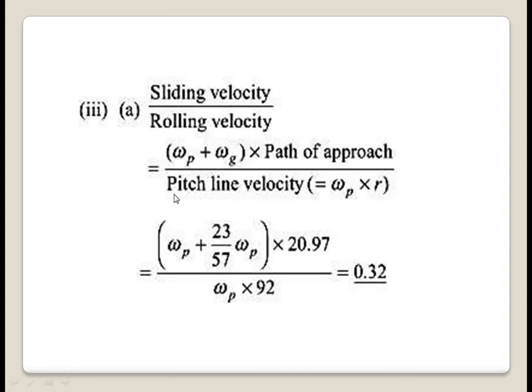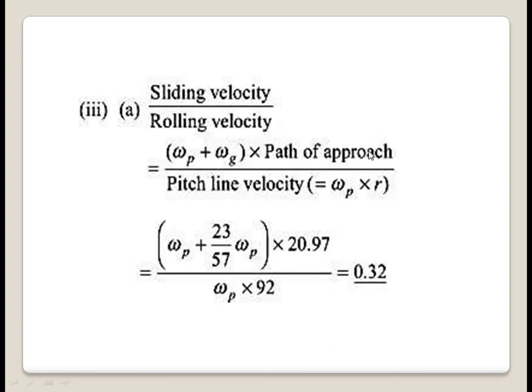So put the values. We know omega p, put as it is. Omega g is 23 divided by 57 into omega p. Here 23 is the number of teeth on the pinion and 57 is the number of teeth on the gear. So omega g is equal to small t divided by capital T into omega p.